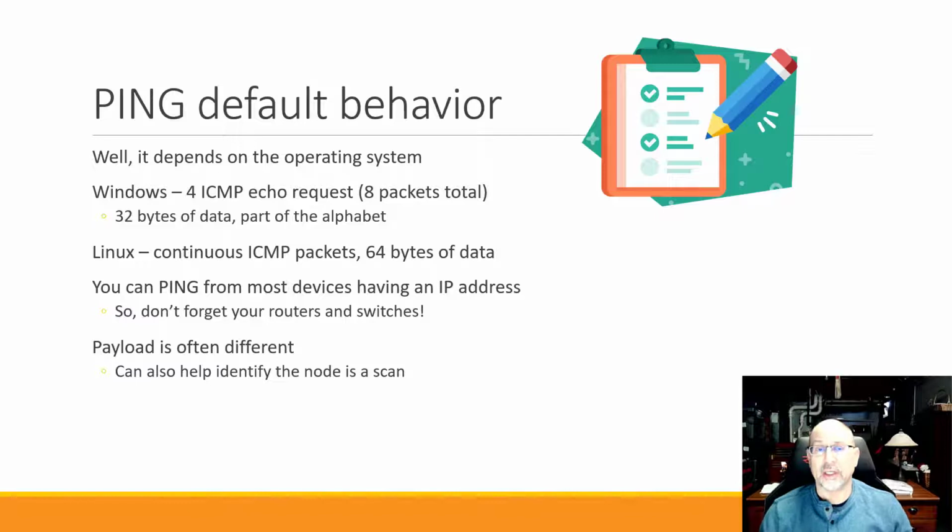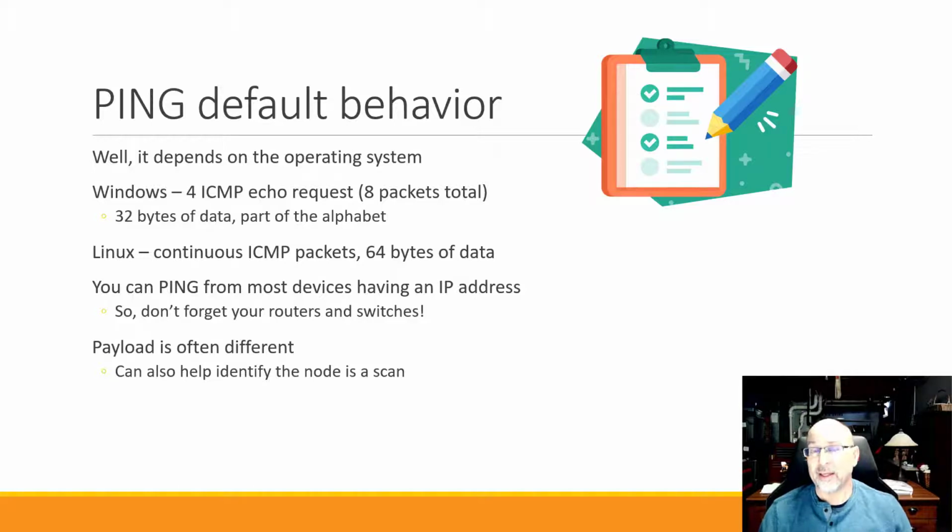Linux, by default, typically does a continuous ping, meaning that it doesn't stop until you stop it. And a lot of times it also tries to do name resolution. And the ICMP echo request data is actually larger, typically 64 bytes. And sometimes we can also look at the payload. Sometimes the payload is a little bit different.